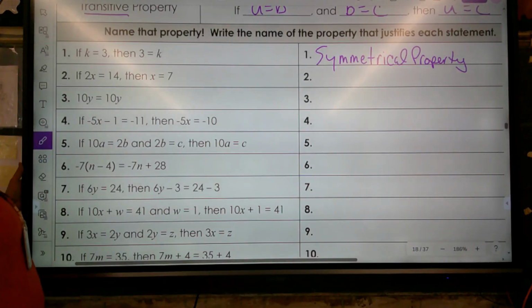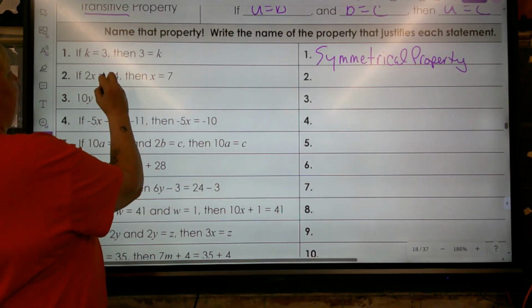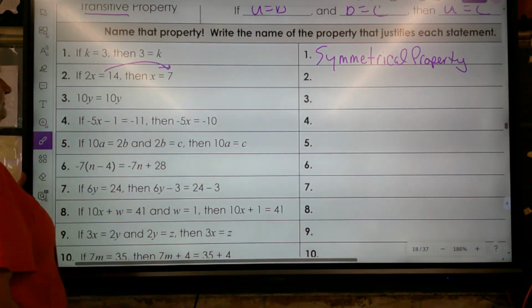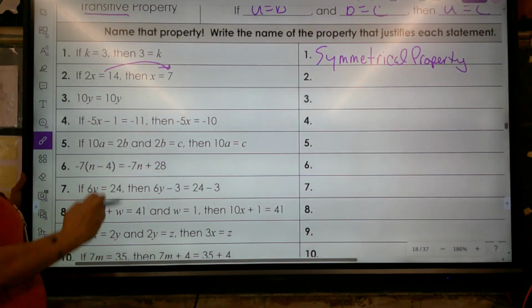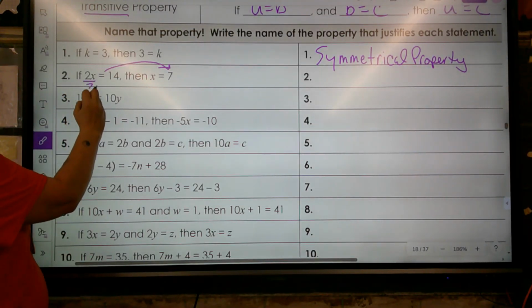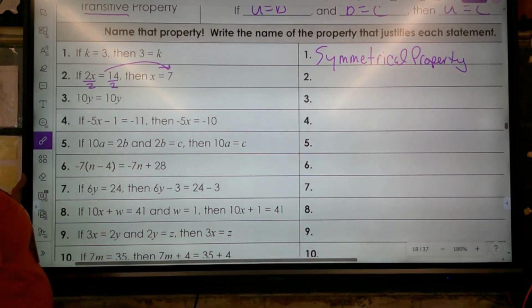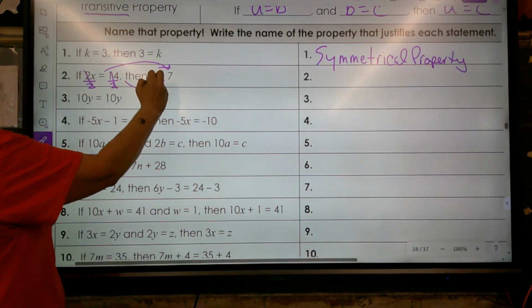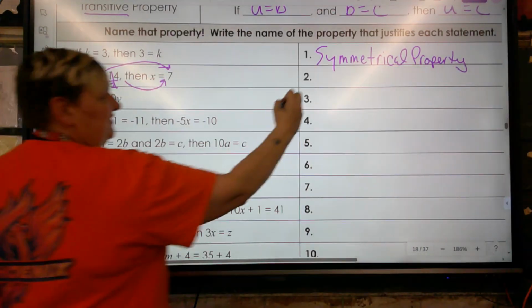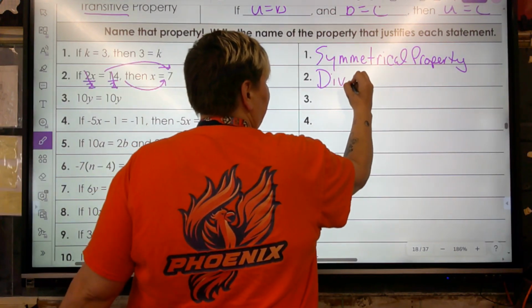2. If 2x equals 14, then x equals 7. So how did we get from here to here? Well, we divided both sides by 2. If we divided both sides by 2, that's division property.